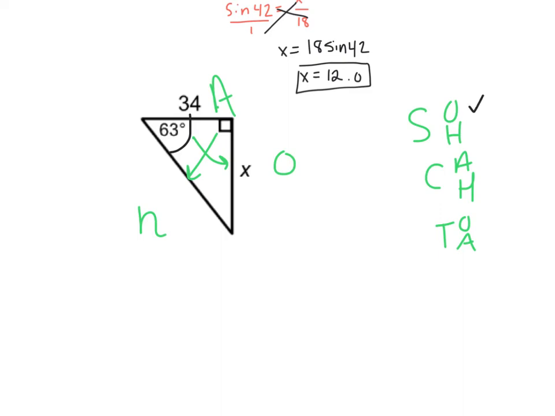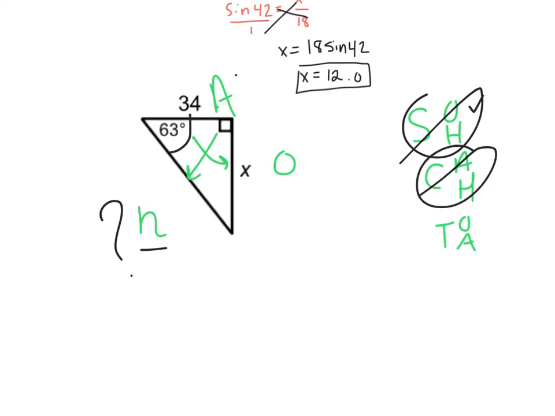I have information about my opposite, but I don't have information about my hypotenuse. So I can't do sine. Cosine is adjacent over my hypotenuse. My adjacent is 34, but I don't have any information about my hypotenuse, so I can't do cosine either. So by default, I'm going to have to use tangent.